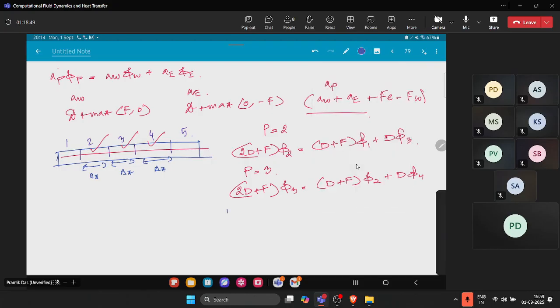Similarly, for P equals 4, it is (2D plus F) phi 4 equals (D plus F) phi 3 plus D phi 5. Is it clear to all of you? You can put this into the equation itself and find the coefficients.